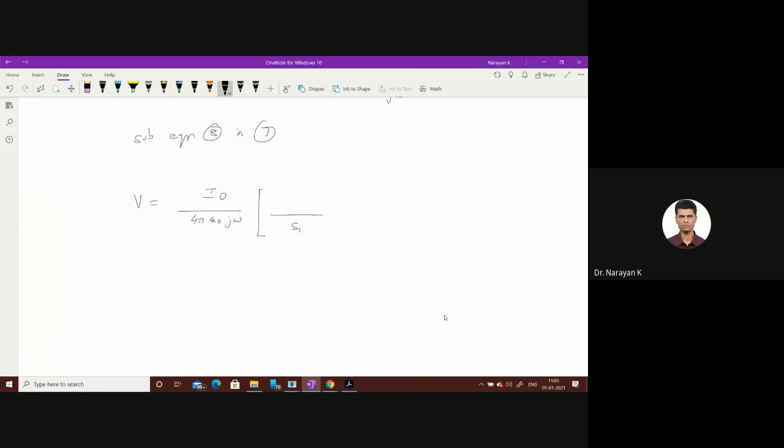So how will I write q1 plus q? I naught I have taken outside the bracket, so this will be e raised to the power j omega t minus s1 by c. Is it clear? Minus e raised to the power j omega t minus s2 by c, divided by s2 distance. All of you have to practice this. This is your equation number 9.